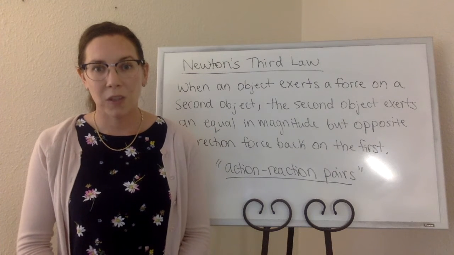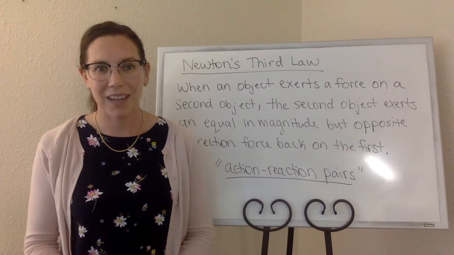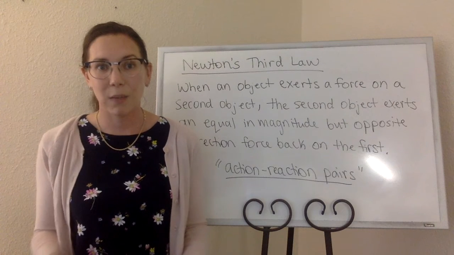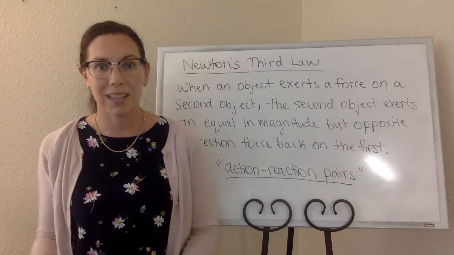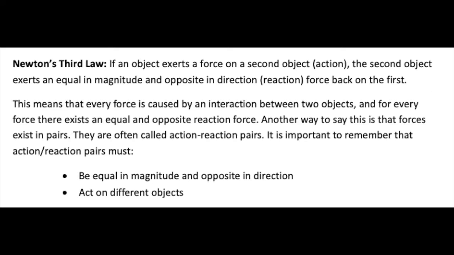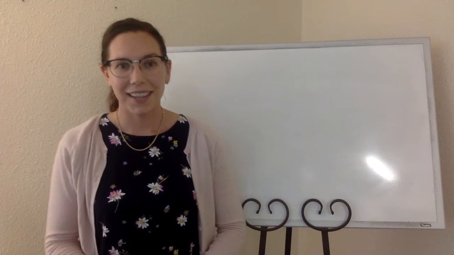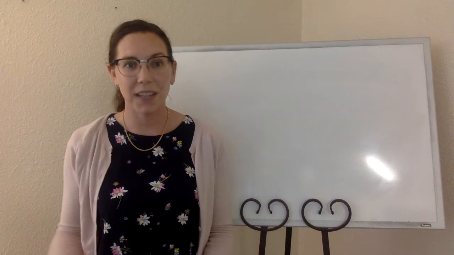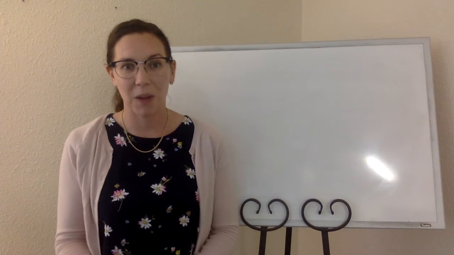It will be important to identify action-reaction pairs when using connected objects because that will allow us to link the force information between different objects and to solve the problem. Let's look at some examples of identifying action-reaction pairs, and then we'll see how to apply this to numerical problems.